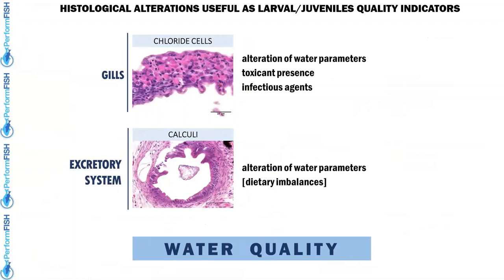What are the most useful histological indicators in terms of quality? What are the histological hallmarks to pay attention to? What do all the data collected from the application of our scoring system tell us?